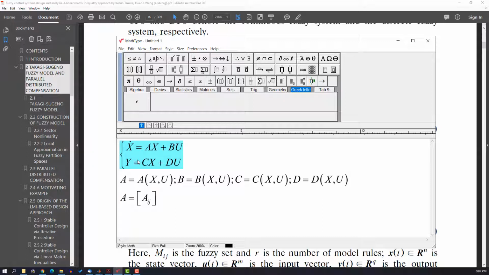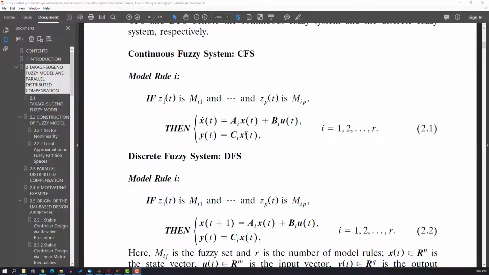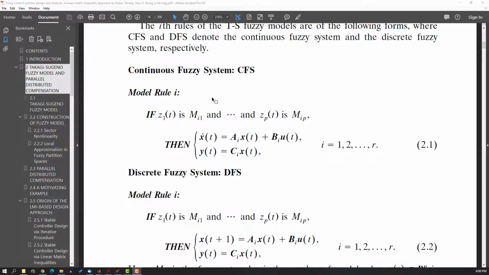You try to establish a function from a set of time-invariant state-space systems to your physical system. It will be a little bit difficult to tune directly to fuzzy, but just follow along.